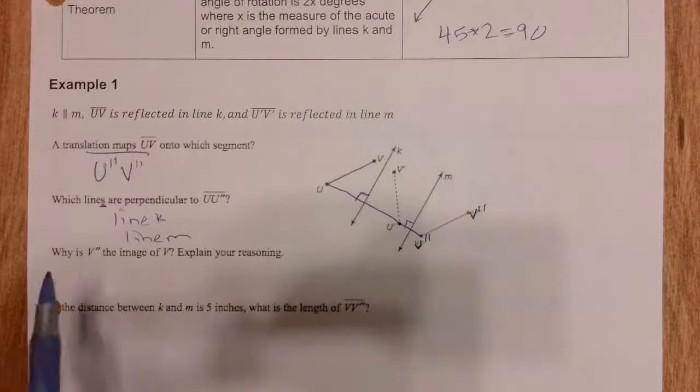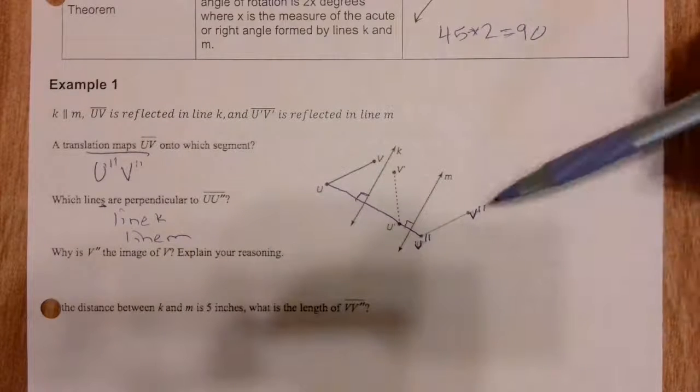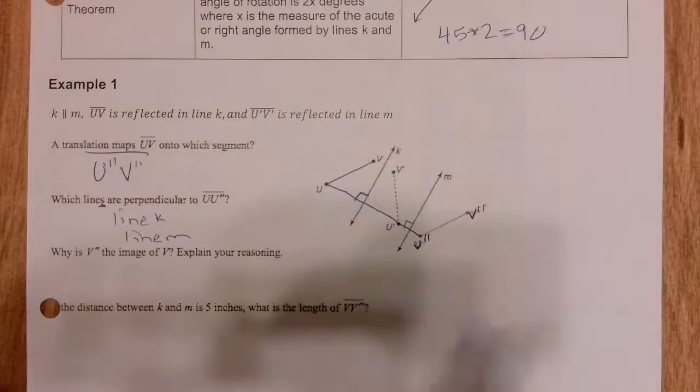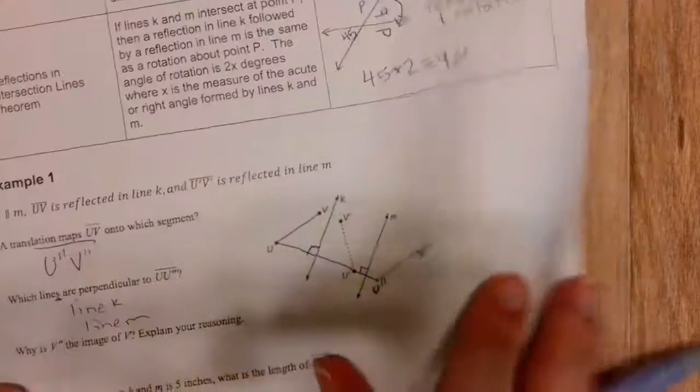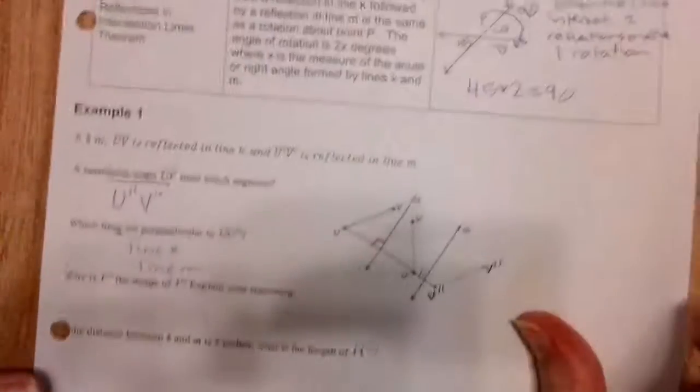The next one. Why is V double prime the image of V? Why does V double prime match up with V? The explanation is essentially exactly what I wrote down there.